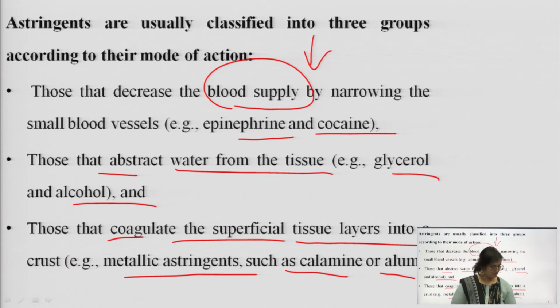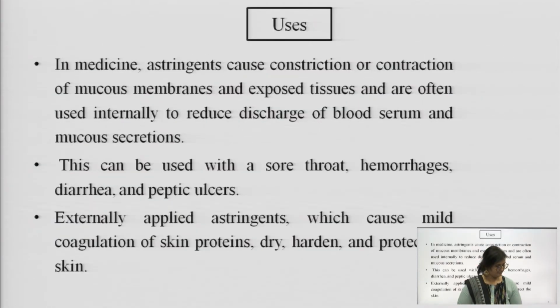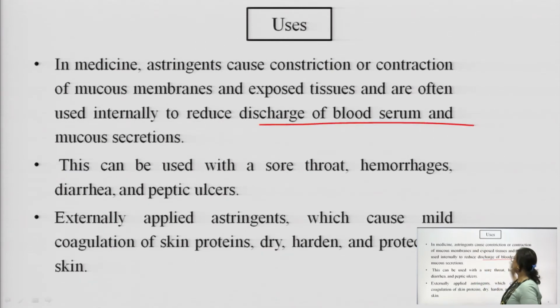Now we shall move on further to look into uses of astringents. In medicine, astringents cause constriction or contraction of mucous membrane and exposed tissues, and are often used internally to reduce the discharge of blood, serum and mucus secretions.